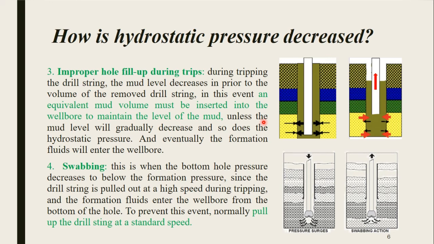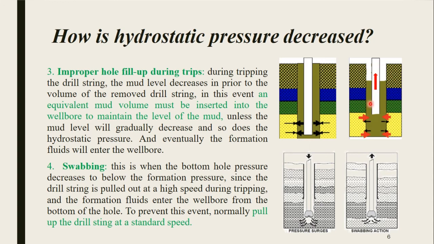Well, the third event is improper hole fill-up during trips. And technically, a trip is when we pull the drill string out of the wellbore, maybe because we need to inspect the bit, or maybe we need to change it, or maybe for some other reason. However, when a drill string is pulled out, the level of mud inside the wellbore will decrease in proportion to the volume of the string being removed, as you can see from the figure.